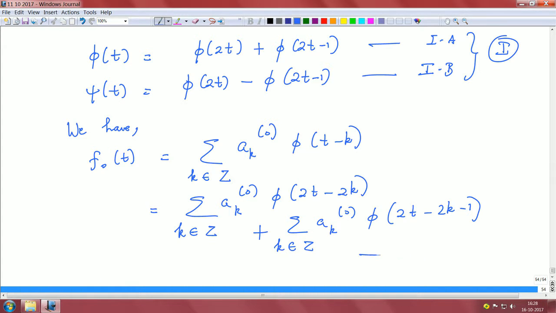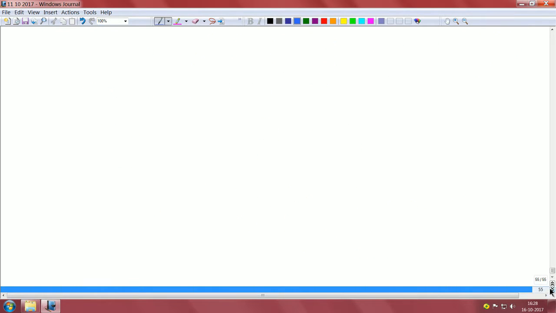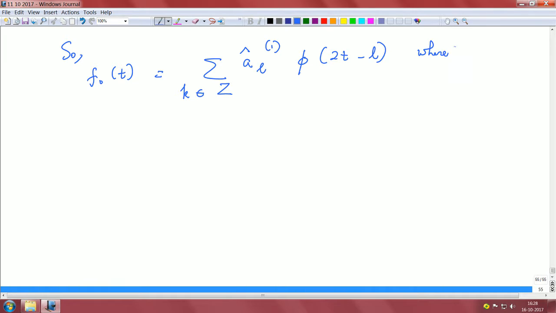Now, I could call this as say equation 2a. Now, f naught of t is basically summation k belonging to Z a l hat, I just put a hat here for reconstruction, phi of 2t minus l, where this a l hat belonging to scale 1 is a k 0 if l equals 2k.